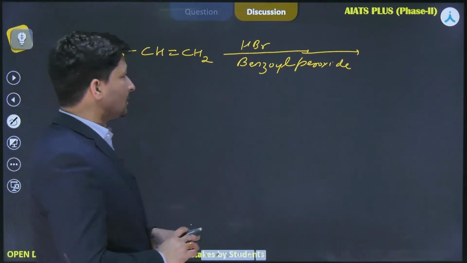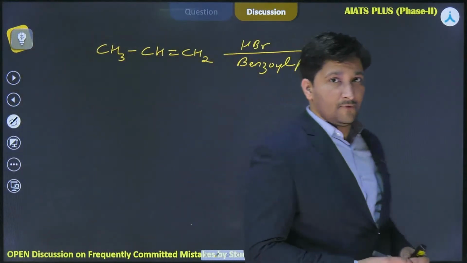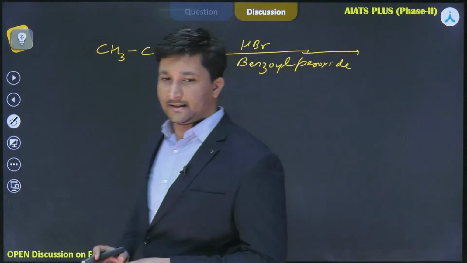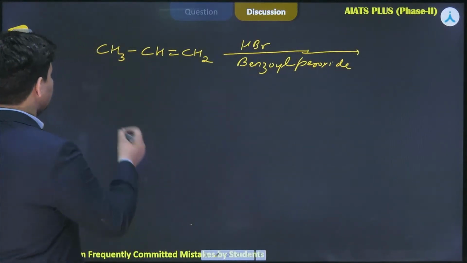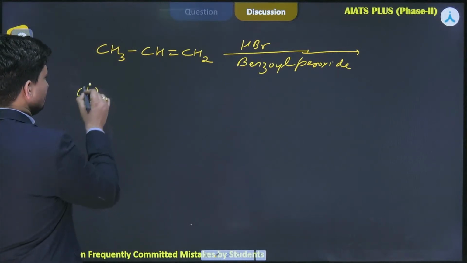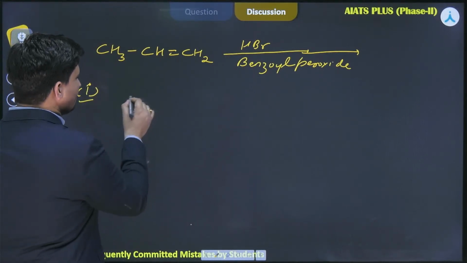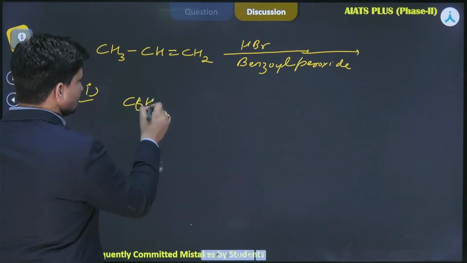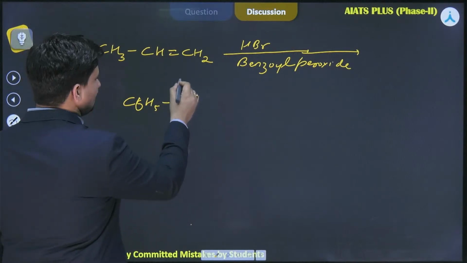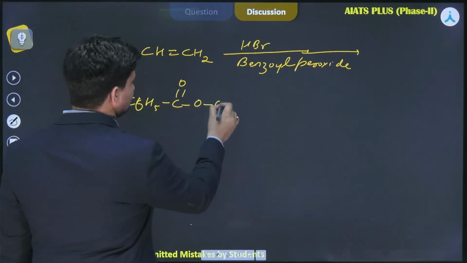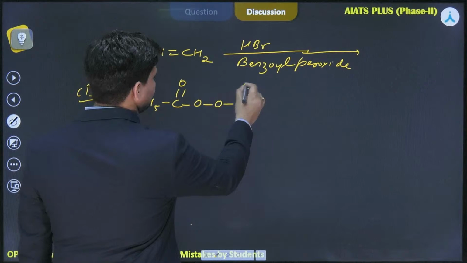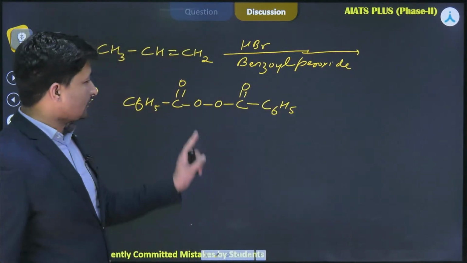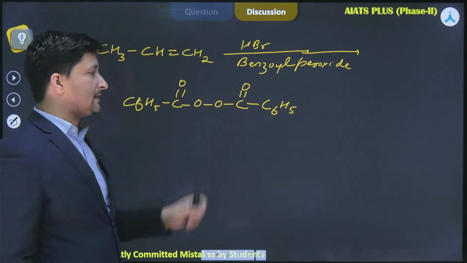Here this peroxide will help in the generation of free radicals. You can see here that first of all, this benzoyl peroxide, C6H5, C double bond O, C6H5, will undergo homolytic cleavage.